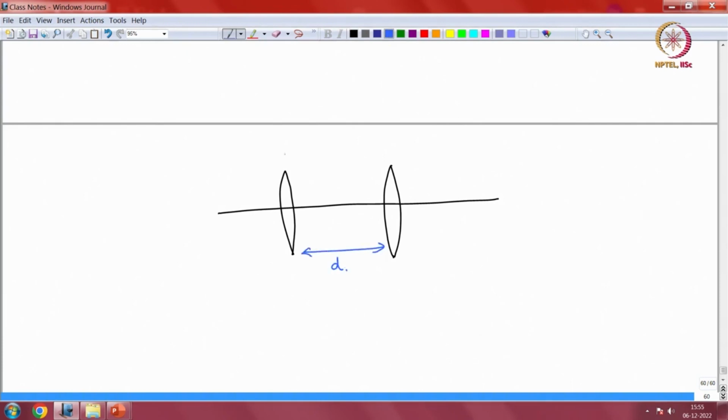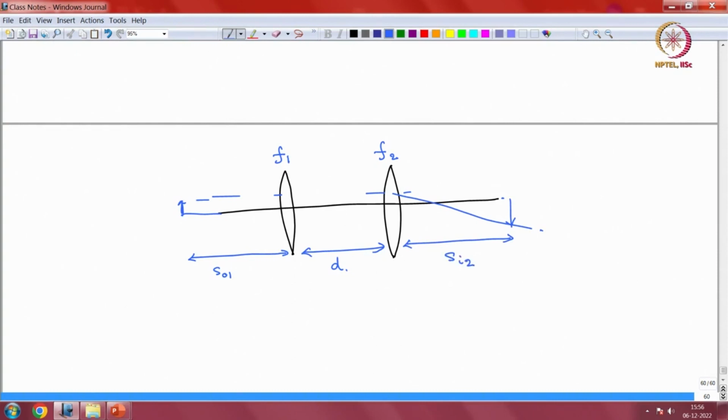Let's say the focal length of the first one is given by f1, the focal length of the second lens is given by f2, and you have an object, and the distance of the object from the first lens is S01, and this object finally forms an image somewhere in the system. We'll call this particular distance from the second lens SI2.